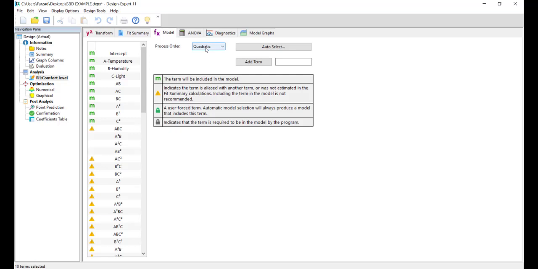Because we have selected quadratic, which is suggested by the software, this model is more accurate than the others for predicting the response by using the factors. If we select quadratic, these terms will be in the model. If we select cubic, we will go to these terms. So let's just select quadratic as it is suggested by the software.